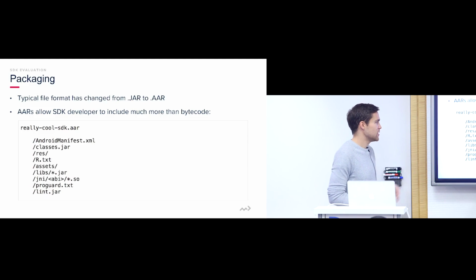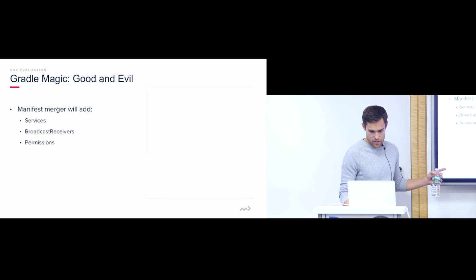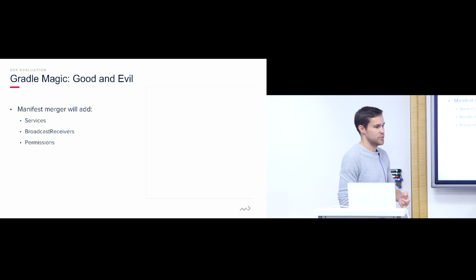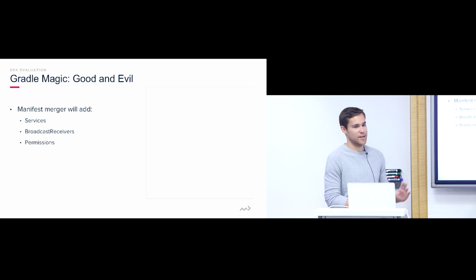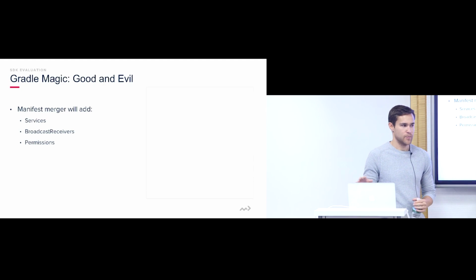They have their Android manifest, and a manifest that an SDK has might define services, broadcast receivers and permissions, and intent filters for those services. So just by adding that one line in Gradle, you could end up totally changing your manifest.